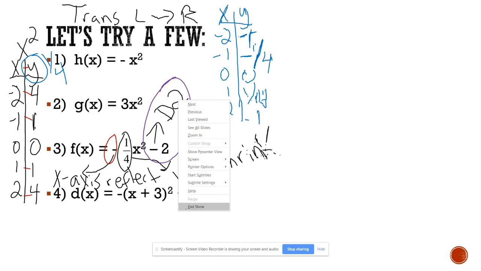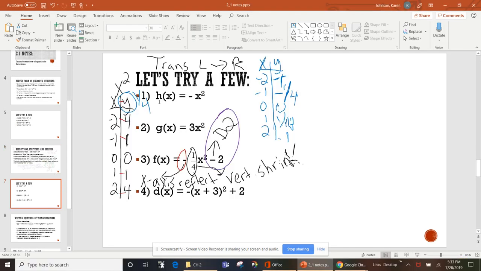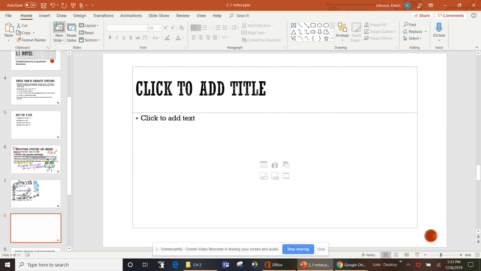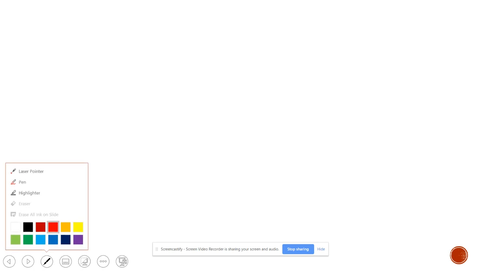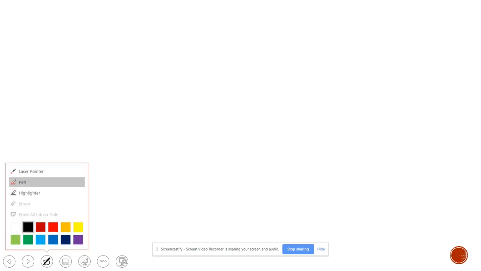I'm actually going to pause for a second and add a slide to do our graph. This time I'm not going to graph that parent function. I'm going to start with the last table that we made.